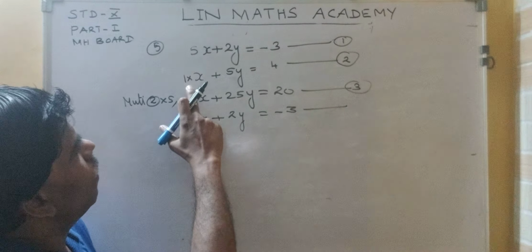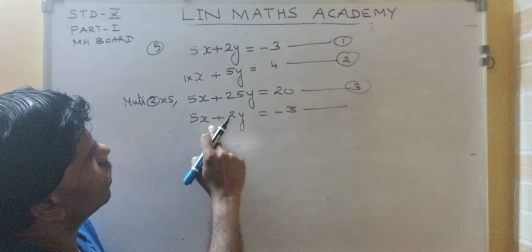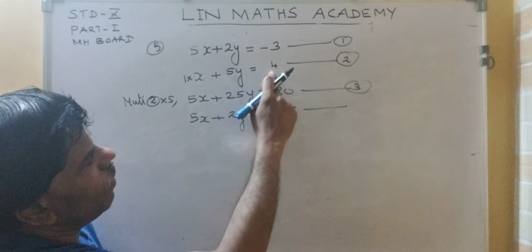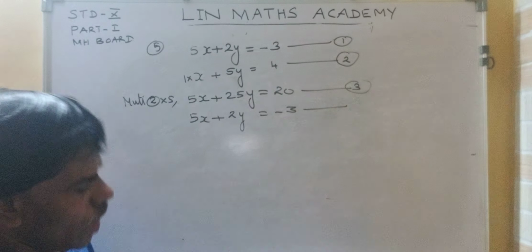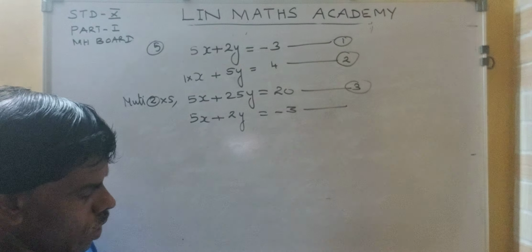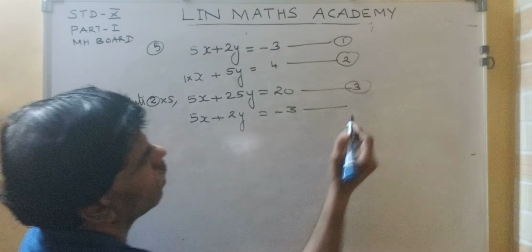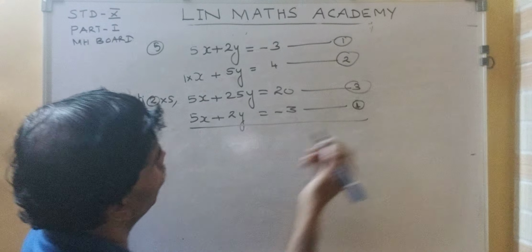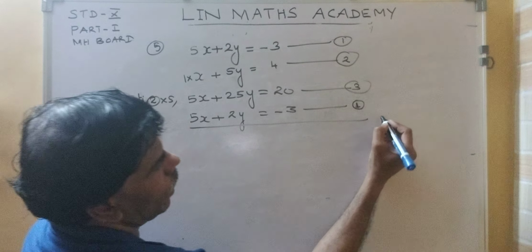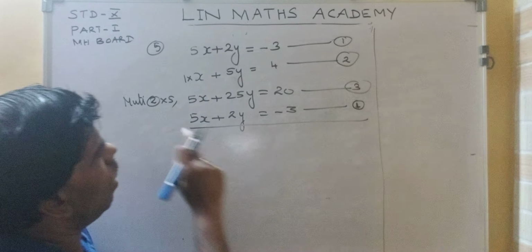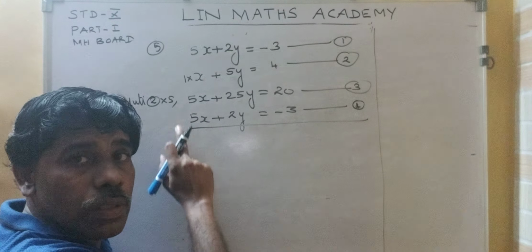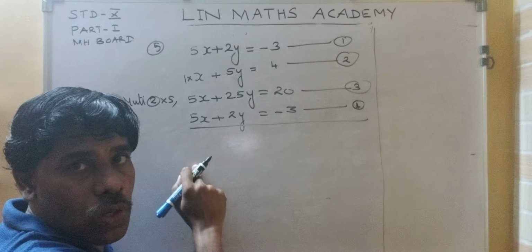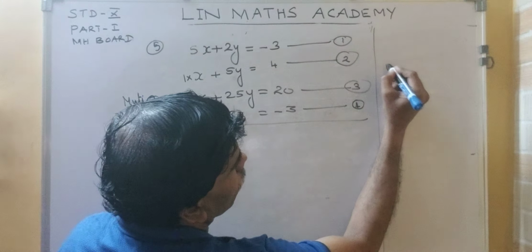Now see, you have multiplied 5 into 1x, 5x, 5 fives are 25, 5 fours are 20. Here what you did? 5x plus 2y equal to minus 3. Now, equation number 1. Now, what you will do is, see here, formula same, coefficients are same, signs are also same. So, you have to subtract.